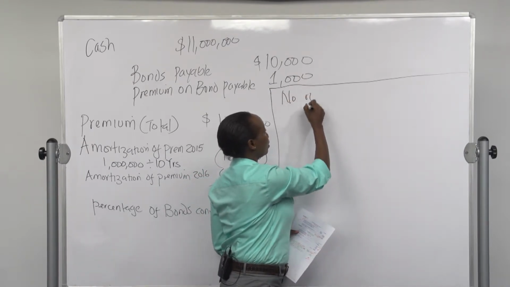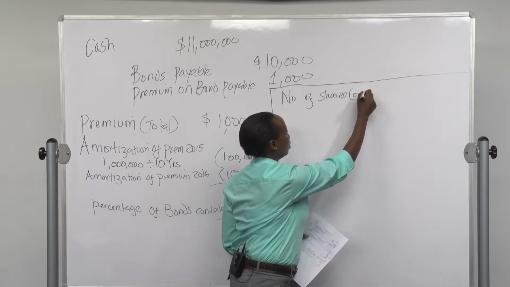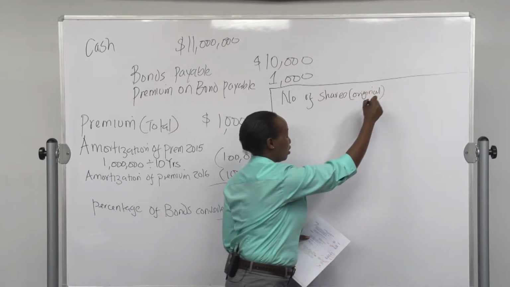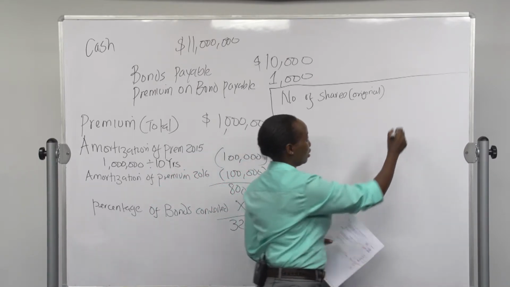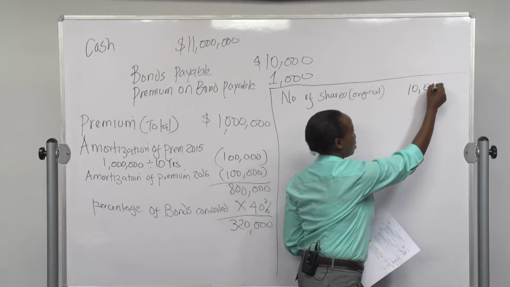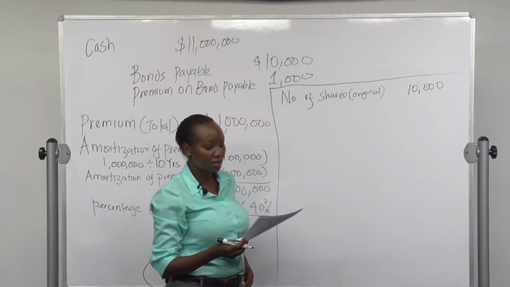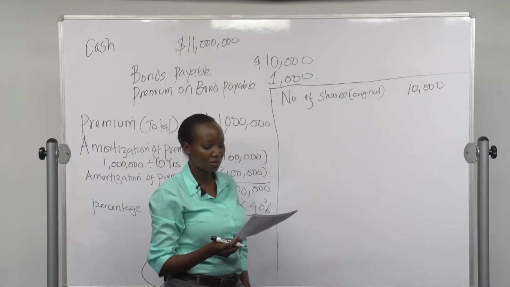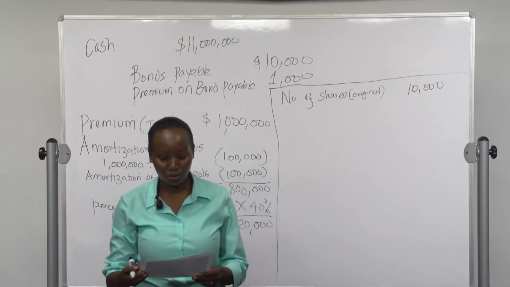So the number of original shares, we have 10,000 shares.